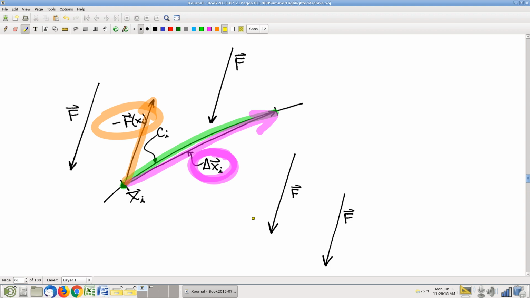The work related to moving a certain distance depends on how that displacement is oriented. It would be harder to move that way because you're moving directly into the wind, directly against the force. Same distance, it would be much easier to move that way, because there you're going perpendicular and you hardly even feel it. This is different.